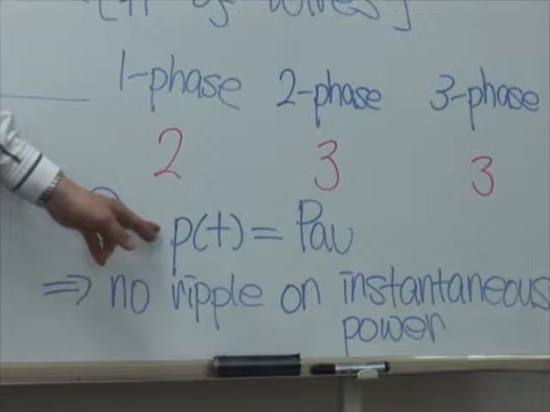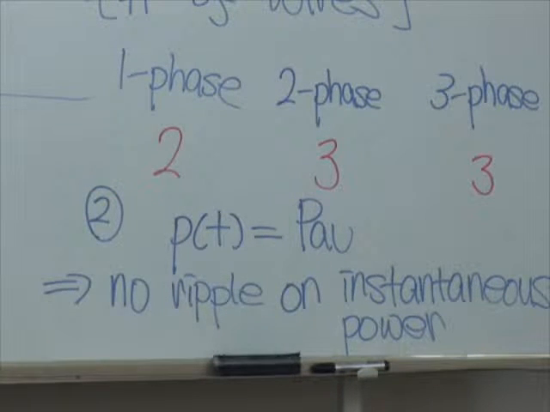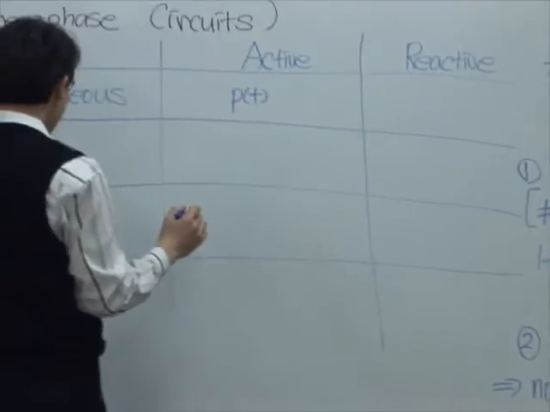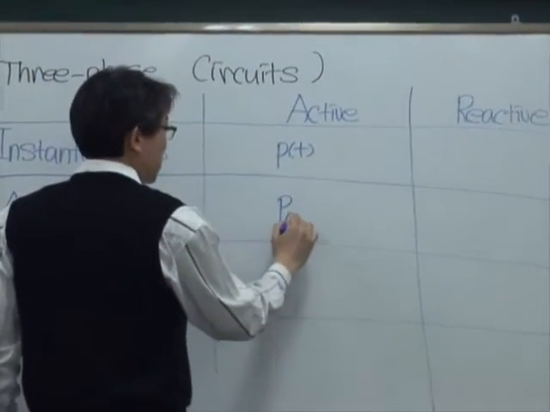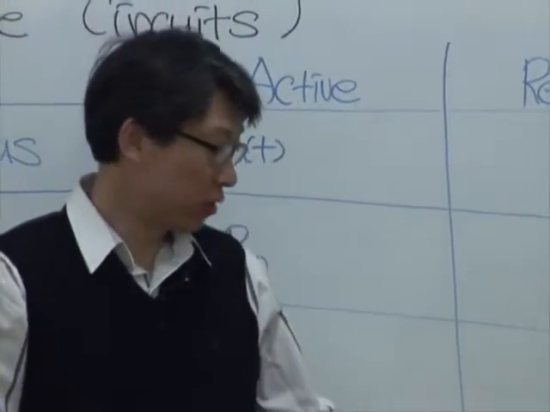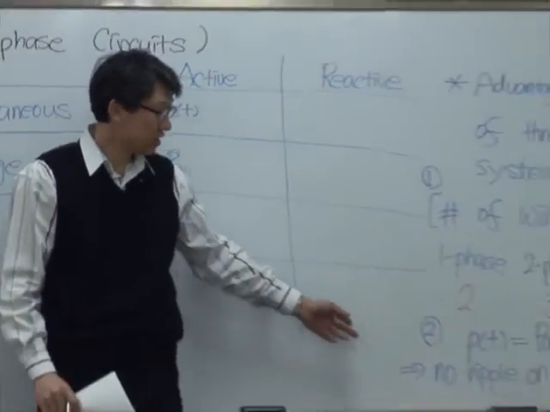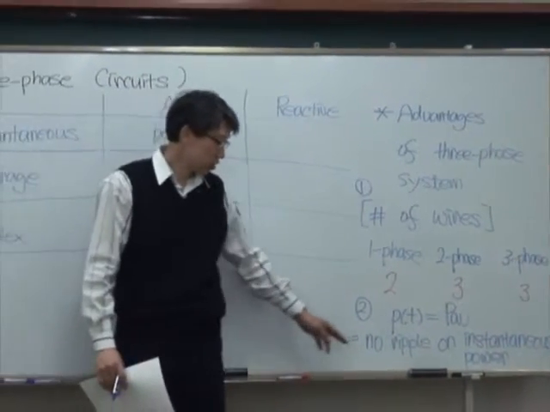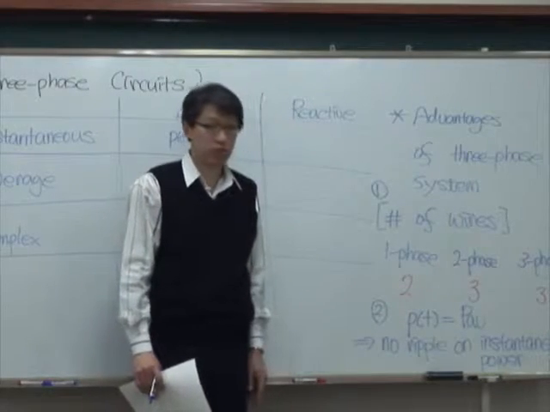What is PT? PT is this. And PAV is this. So instantaneous active power is exactly the same as average power. It means there is no ripple on instantaneous power.